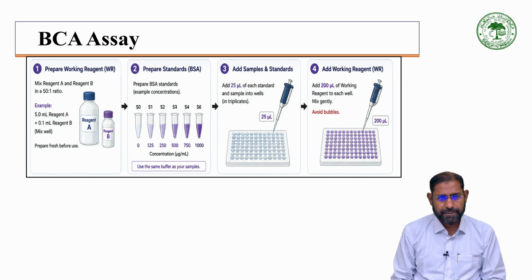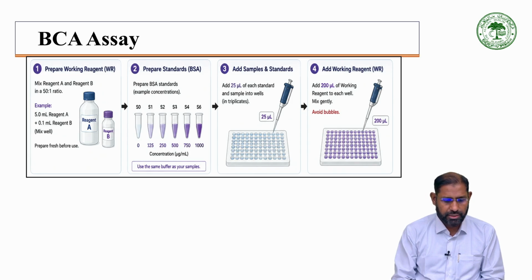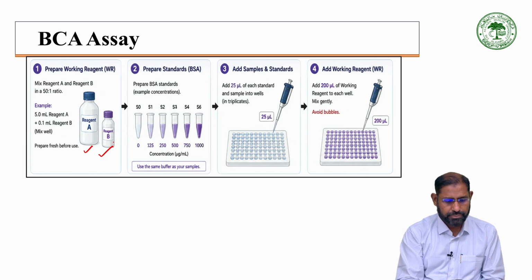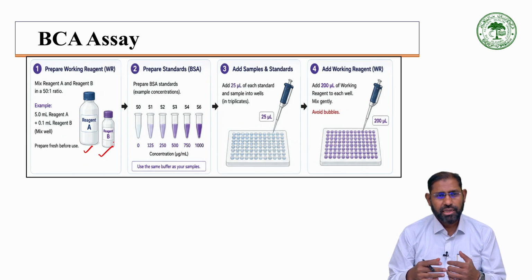How does it work? We have two reagents, reagent A and reagent B. First, we mix reagent A and reagent B in a 50 to 1 ratio.